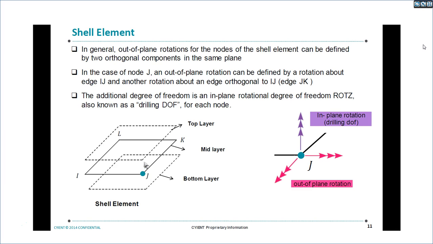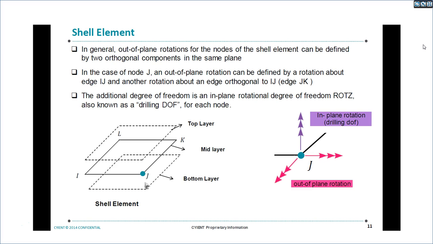The additional degree of freedom is an in-plane degree of freedom, also known as drilling degree of freedom. Apart from these rotations about Ij and Jk, there is a rotation normal to these two planes, that is called in-plane rotation or drilling degrees of freedom.